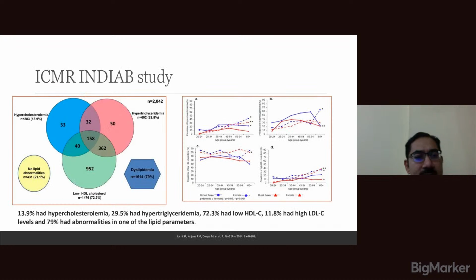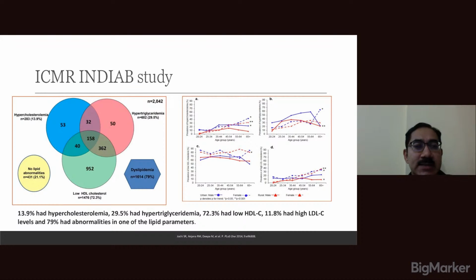In this Indian study of around 2,000 patients, 14% had hypercholesterolemia, 30% had hypertriglyceridemia, about 72% had low HDL levels, 12% had high LDL levels, and 79% had at least one type of lipid abnormality.